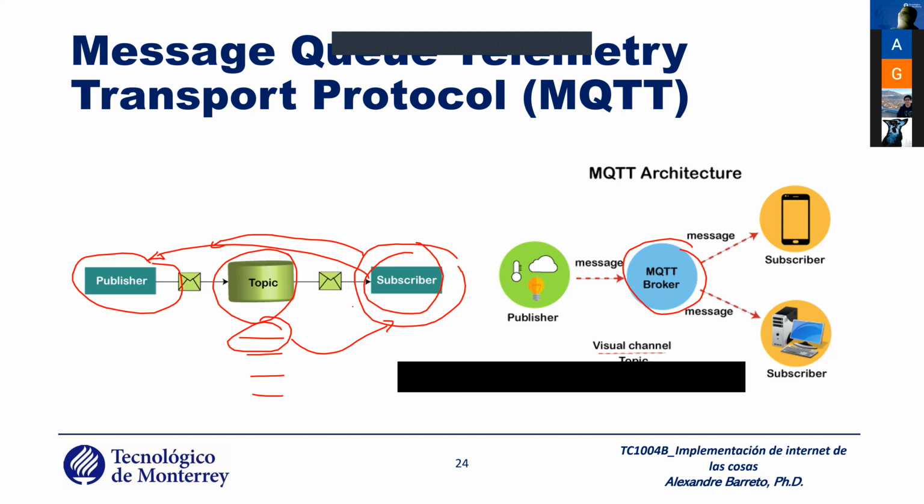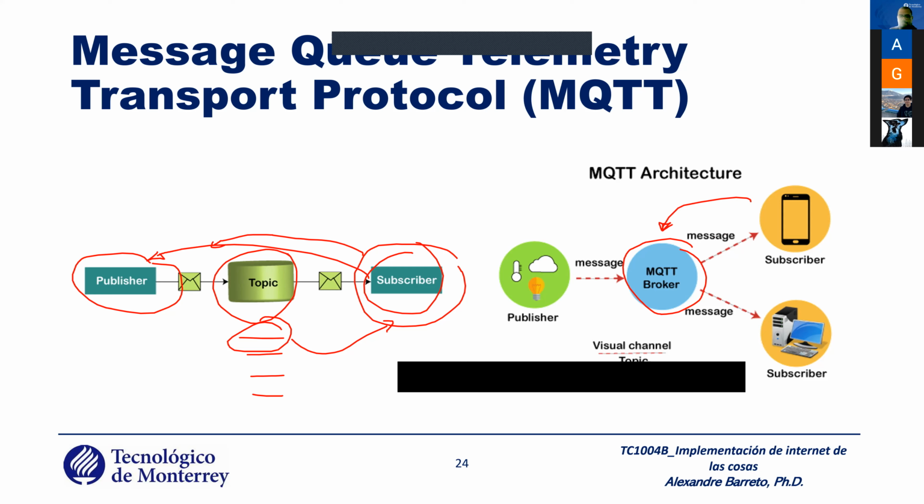The better approach is you send this information to the broker, and the subscriber connects to the broker, looking for what information or which topics the broker has, and talks with the broker, not with the publisher.